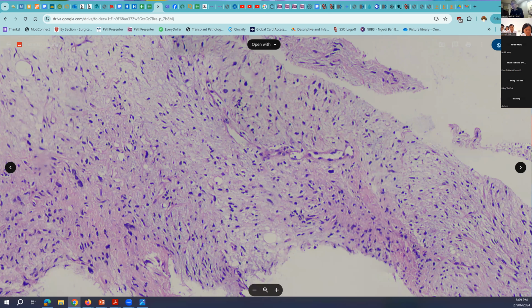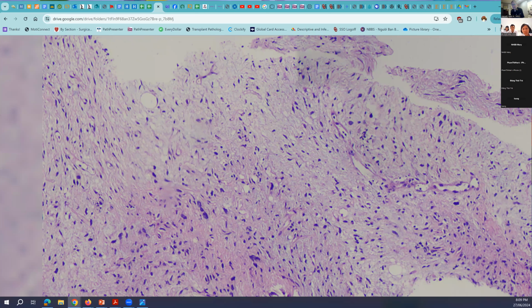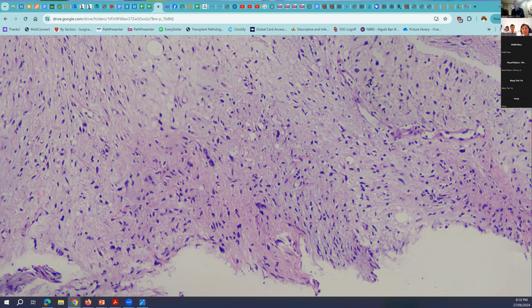So when I look at a case like this, the location is very important. Retroperitoneal tumors as a primary tumor. So the first thing I would think about is well-differentiated liposarcoma.